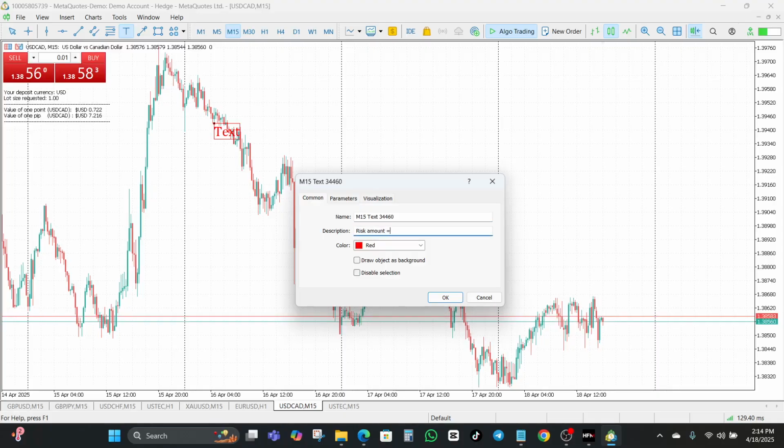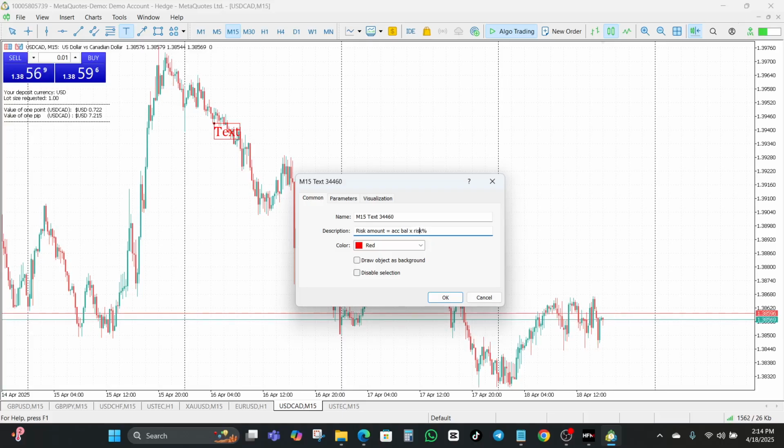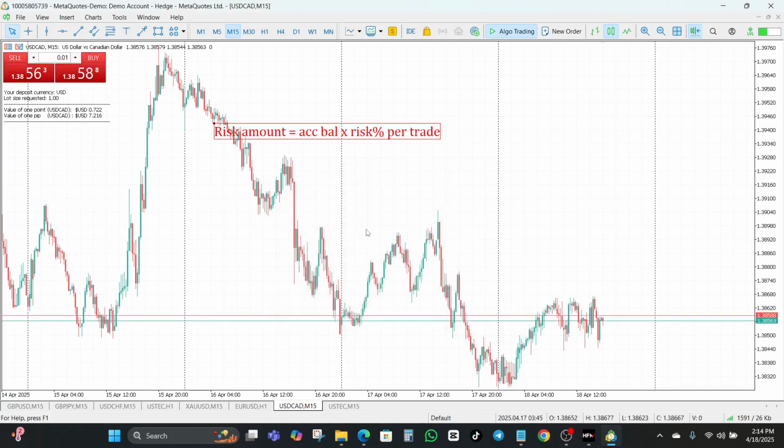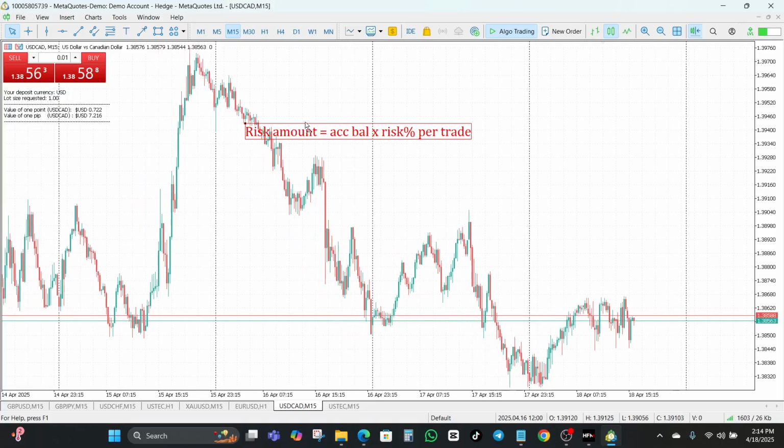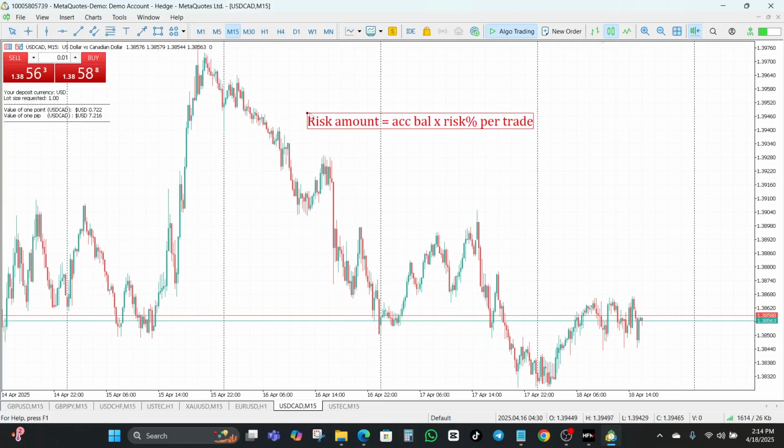Your risk amount should be equal to your account balance multiplied by your risk percentage per trade.